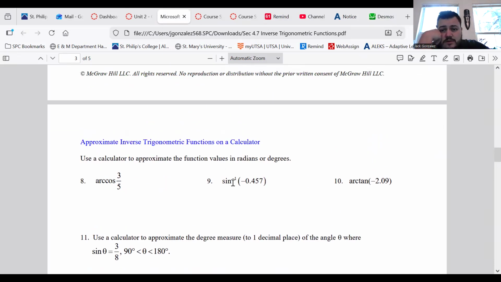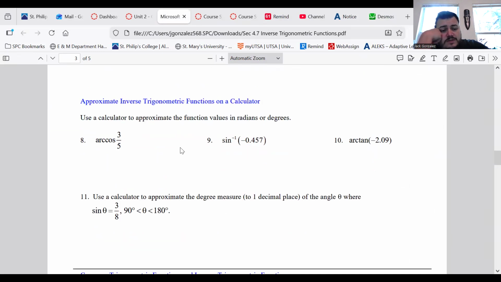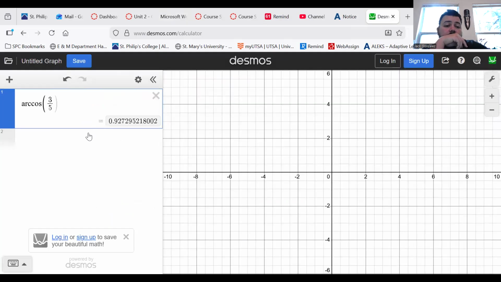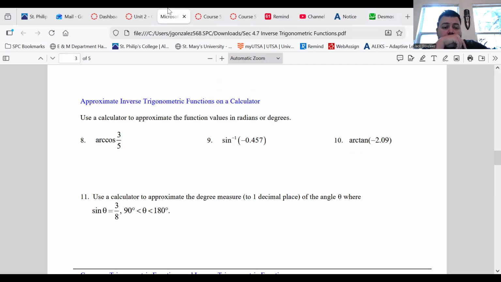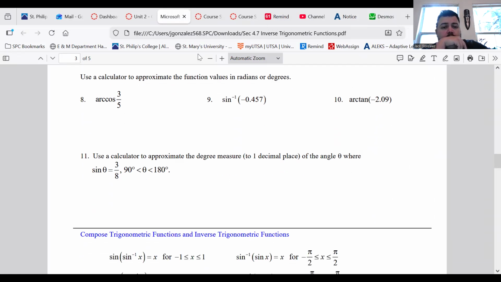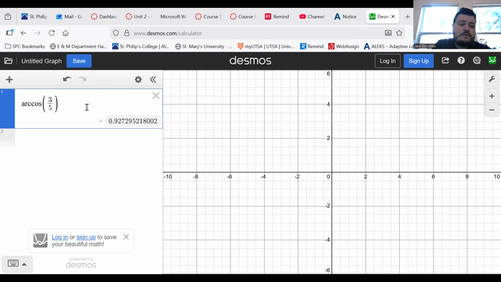Also check if it's in degrees or radians, depending on what they ask for. If the question doesn't say, your calculator will give you degrees or radians, so you have to choose. Next one, sine inverse of 4.57. The same as arc cosine.